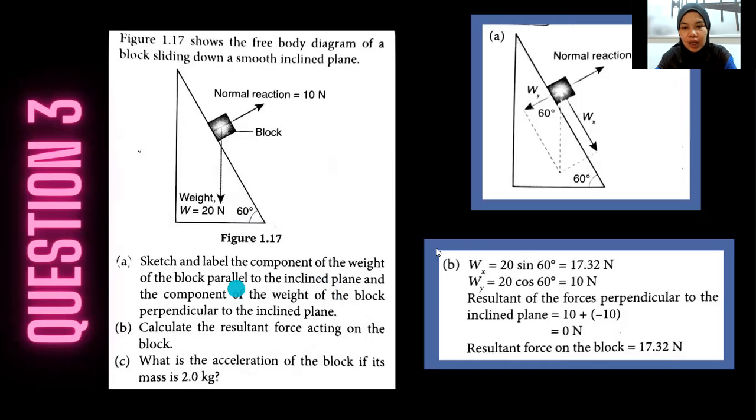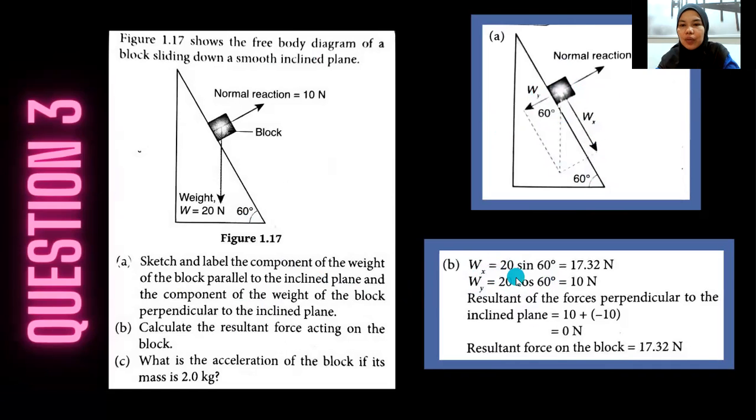So we have Wx here and Wy, 60 here. Make sure you know how to find the angle and use the correct angle. Zigzag, you get 60 here, because it is a right angle triangle.